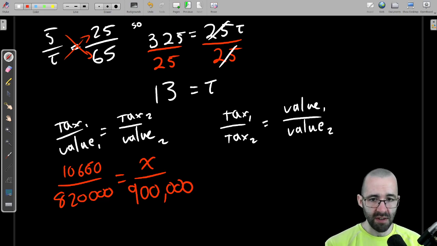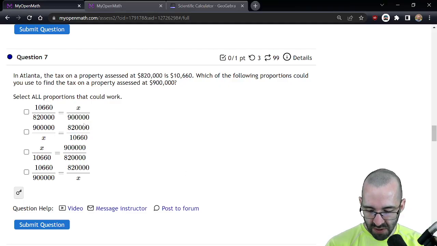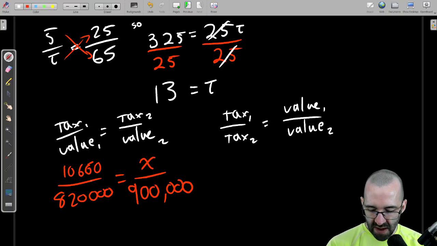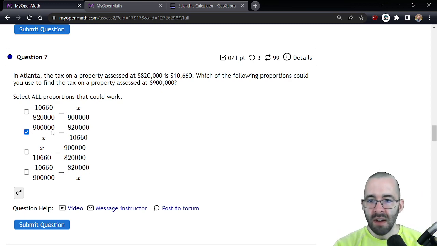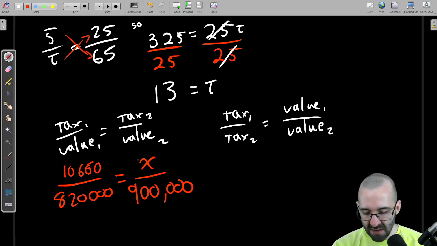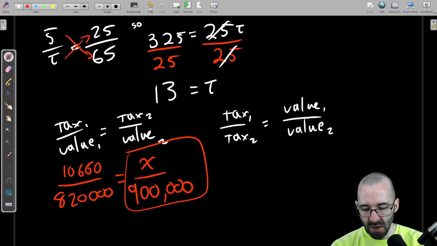So that's one option. Is that any of our choices? 10,000 with 820, it's similar to this one. Is it the same? 900K divided by X, that's the reciprocal.